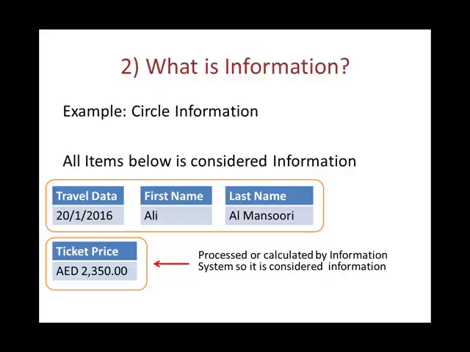If you travel from Dubai to Cairo, it has a price, and if he travels from Cairo to Beirut, there is another price. And in between there are taxes and fees that need to be added. So at the end, the information system will calculate all that and produce a ticket price.